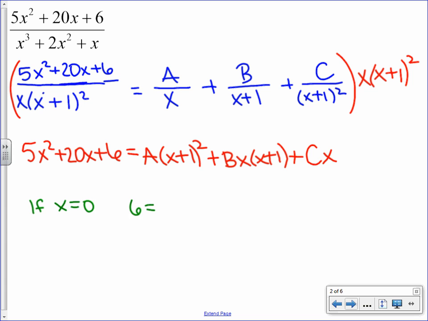If I plug 0 into here, we get A times 1. Plus, what happens here? We get B times 0, which goes away. Plus C times 0. Well, that was convenient. There's our A.